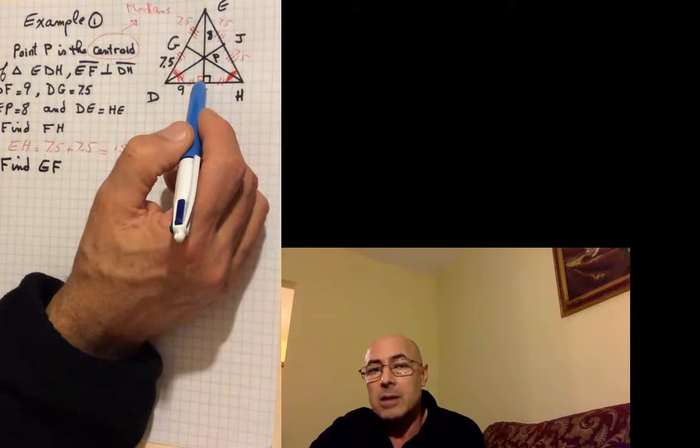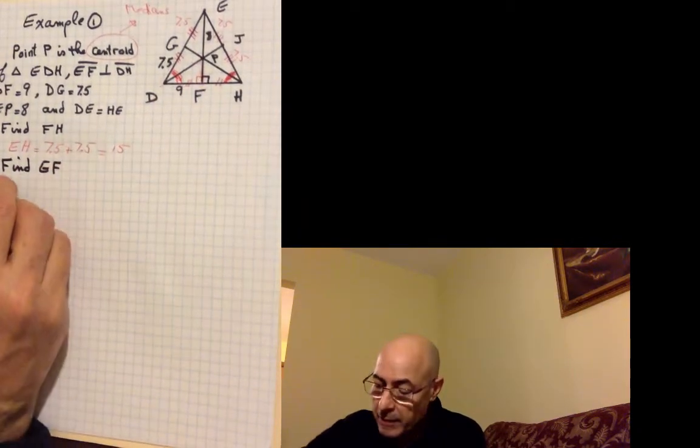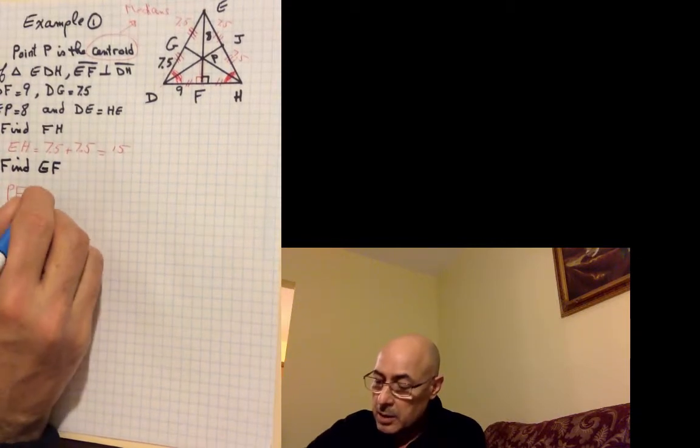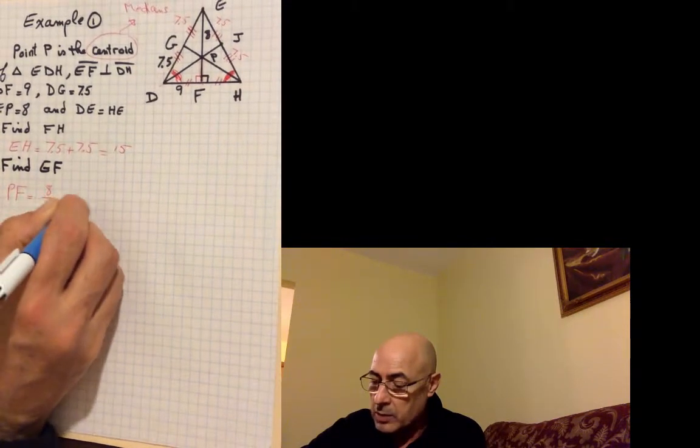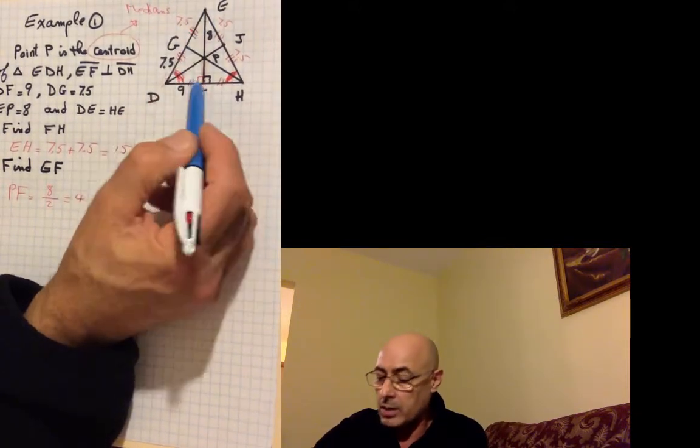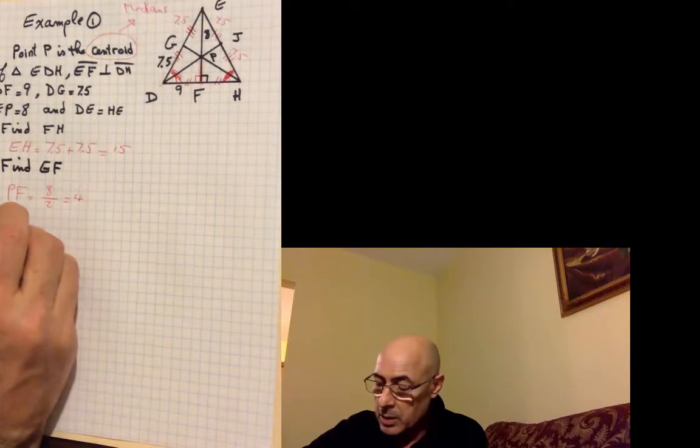We know that the centroid divides the median into 2 parts: one long part toward the vertex and one short part toward the side. And the long part is double the length of the short part. Meaning the 8 is double the length of PF. So PF equals 8 divided by 2 equals 4. So now I know this PF is 4. Once this is 4, how long is the whole thing EF? So EF equals 8 plus 4, 12.